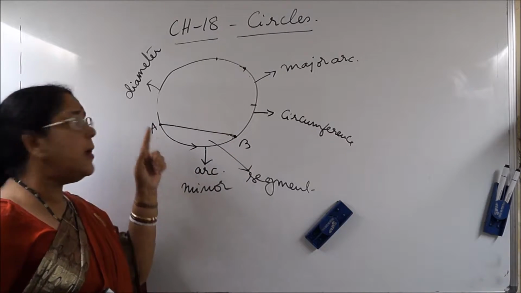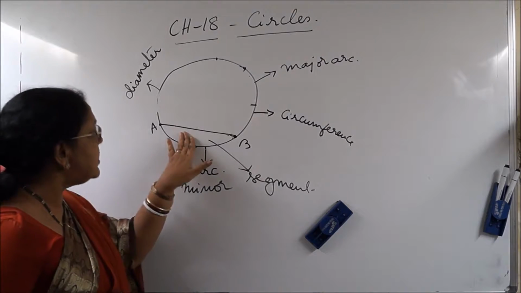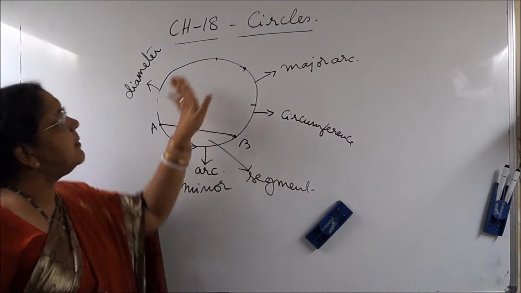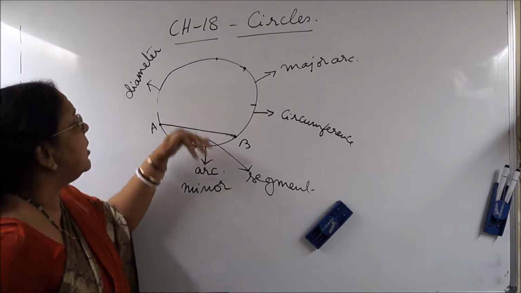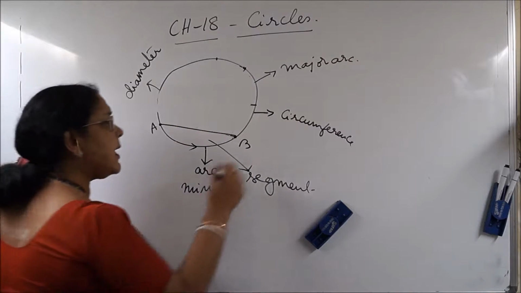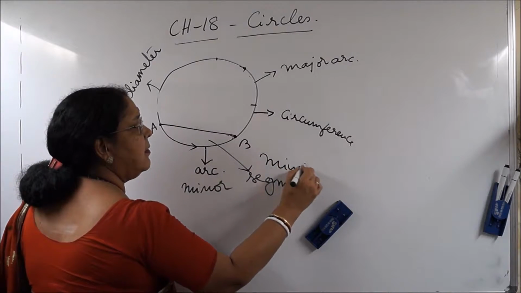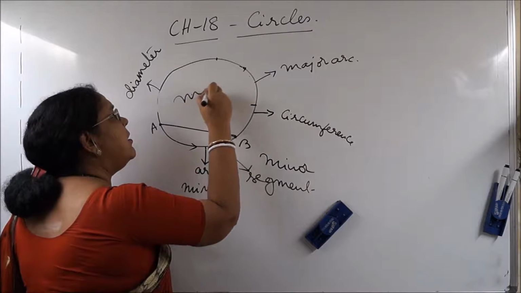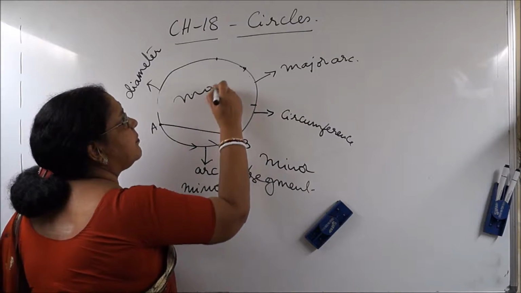What is an arc? A part of the circumference, and this is called a segment. So if this is one segment, this is the other segment. Now the smaller one is again called the minor segment, and the bigger part is called the major segment.